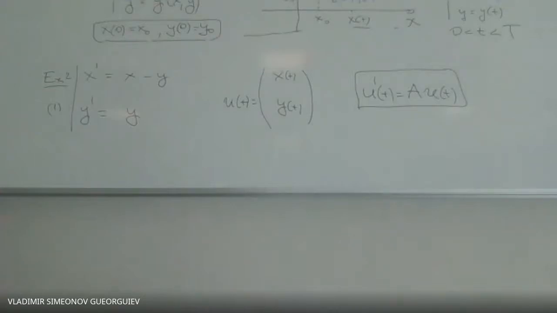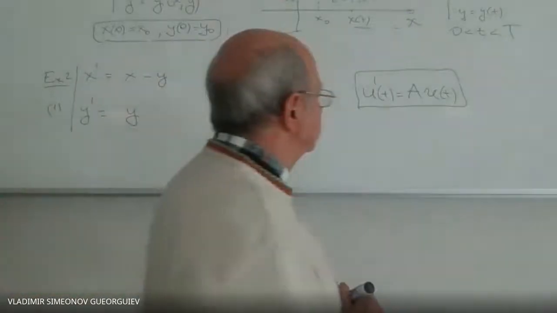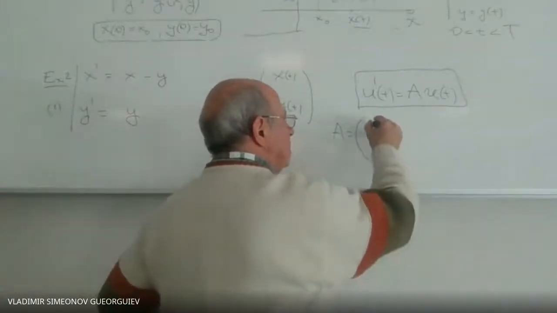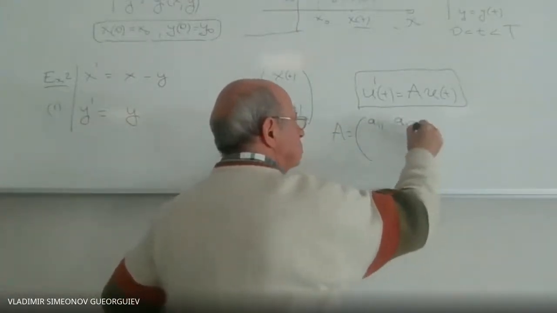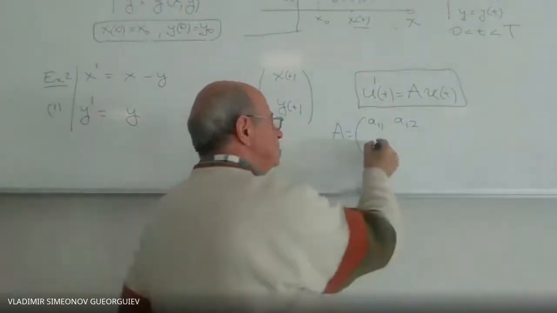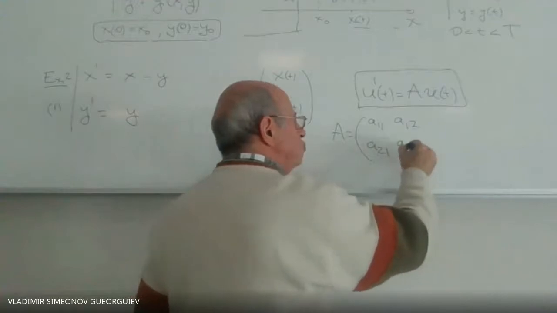Since u is a vector, A shall be a matrix, a 2 by 2 matrix. So we have to apply our matrix. Let us suppose A is A11, A12, A21, A22.